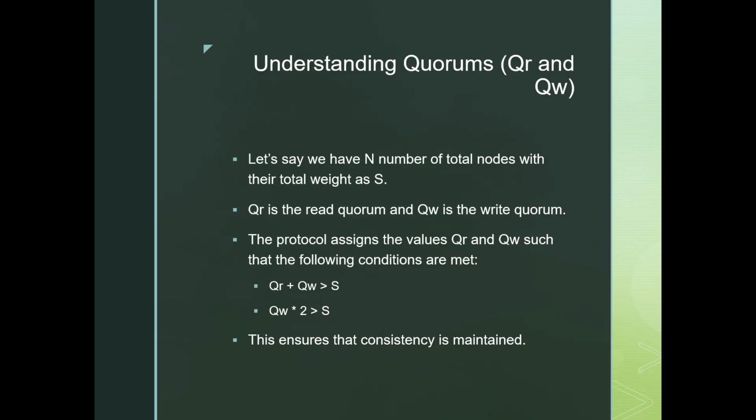QR is the read quorum and QW is defined as the write quorum. The protocol assigns the values of QR and QW such that the following conditions must be met: QR + QW should be greater than S, and QW must be greater than S/2. This ensures that consistency is maintained. But what does this mean?